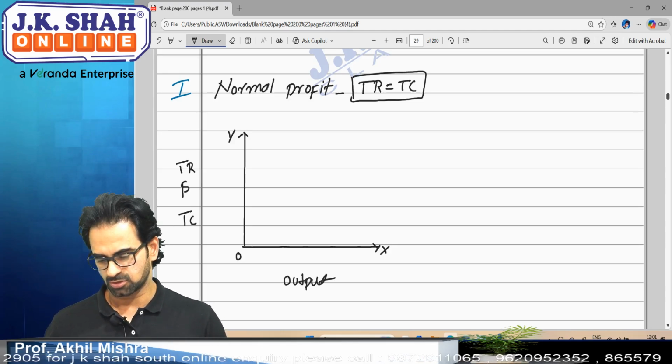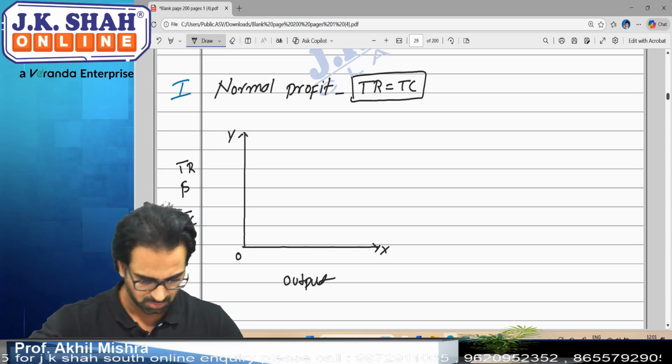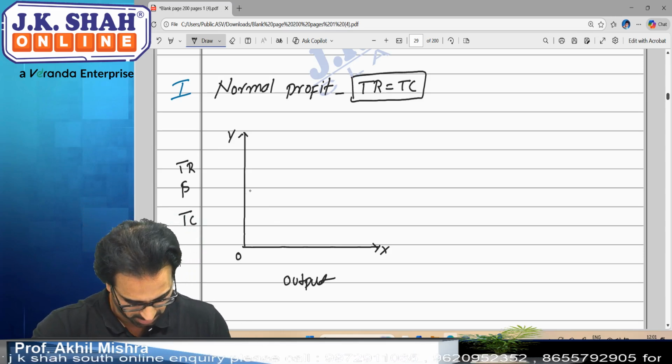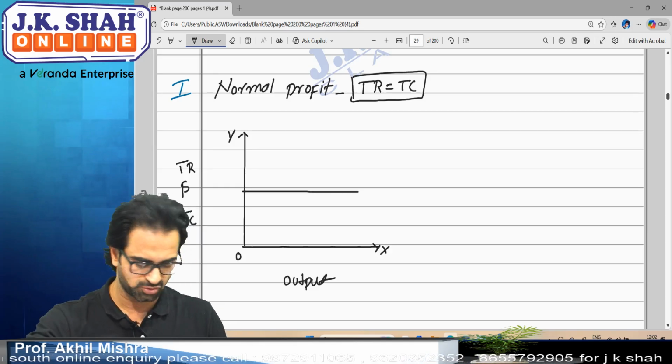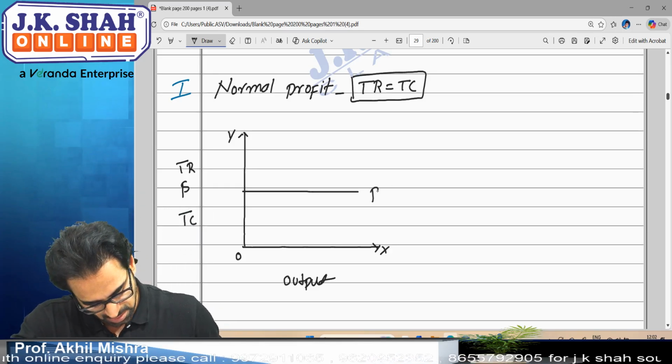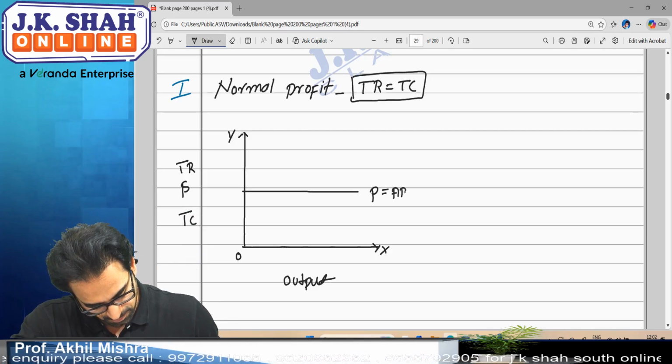As you know, we are talking about the PC market. The demand curve in the PC market is a straight line, where P equals AR equals MR.